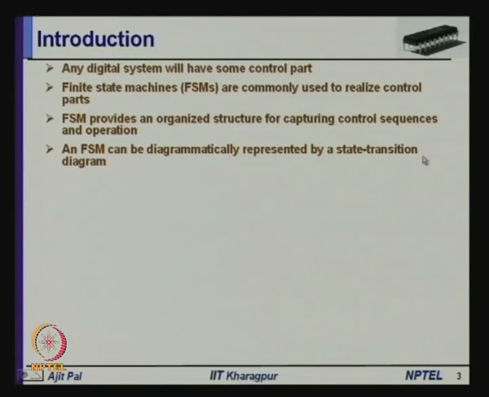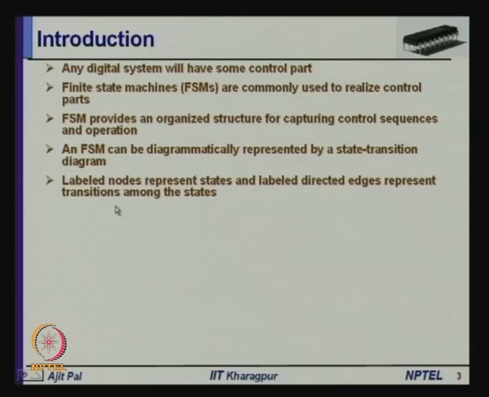Whatever it may be, that can be transformed into a more elegant representation with the help of what is known as state transition diagram, and it nicely captures the functionality as well as the control sequences.